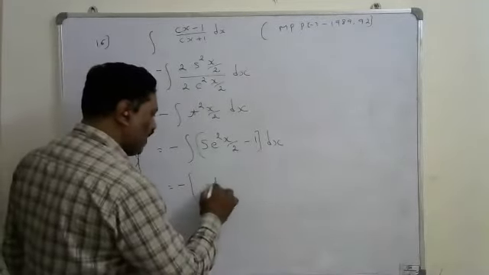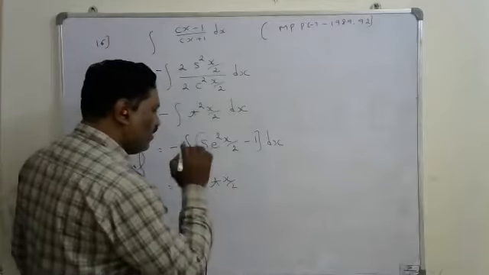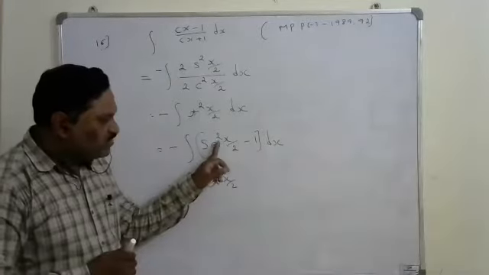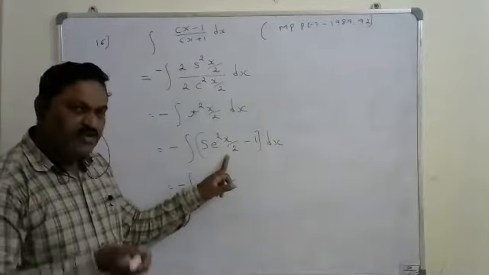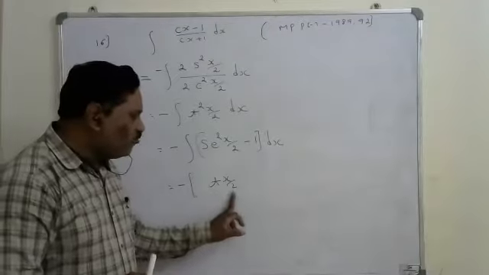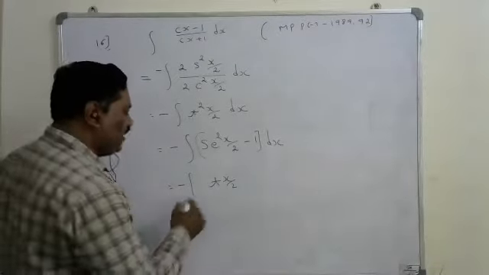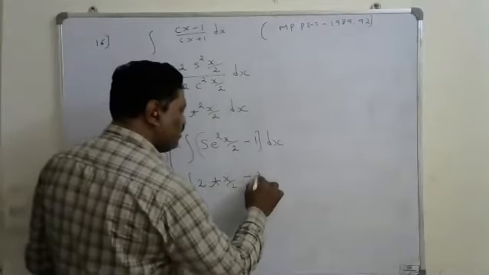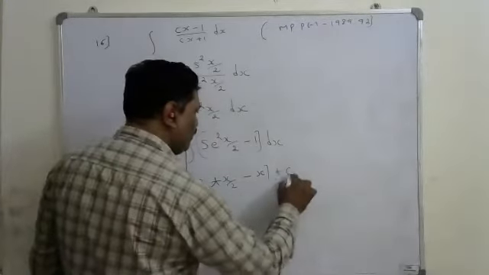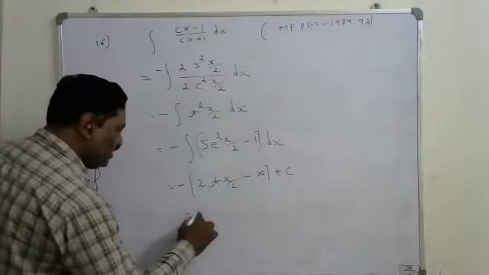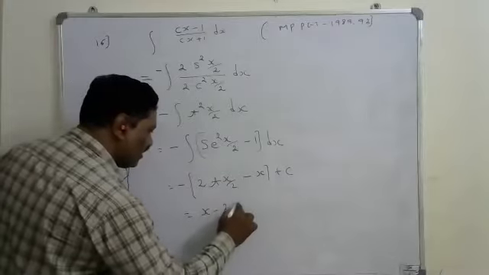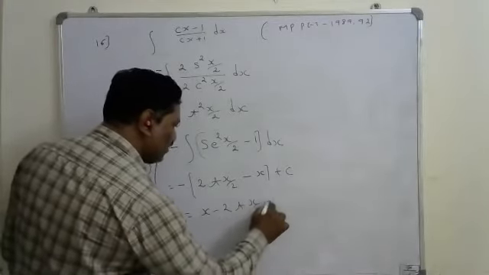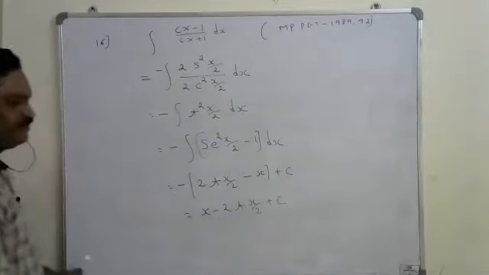Tan x by 2. And after applying that formula, where x coefficient is 1 by 2, we have to divide it by 1 by 2. Upon 1 by 2 means the 2 comes to the numerator, which is 2 tan x by 2 minus integral 1 dx, which is x plus c. Now multiply by the minus sign, then it is x minus 2 tan x by 2 plus c, which is the answer.